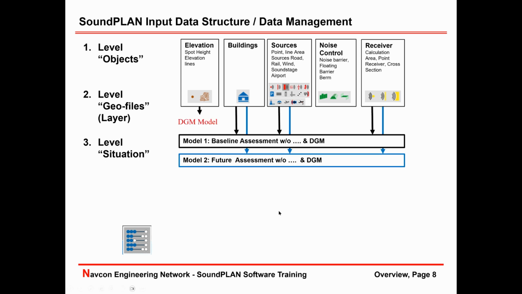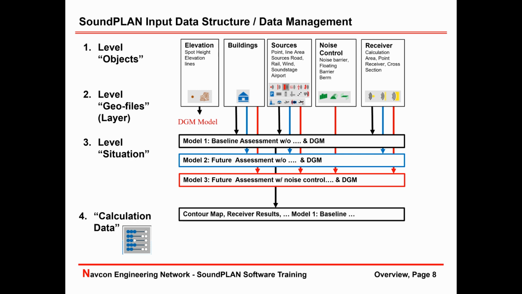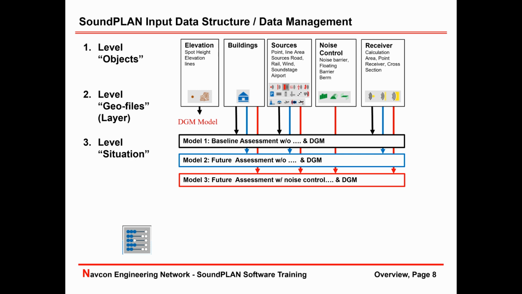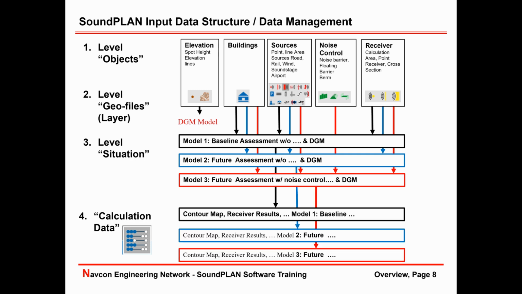Here we have another flowchart to emphasize the concept of the data structure and data management in SoundPLAN. So we have 3 levels of organization. We have the objects here at the very top, objects that define the elevation, the buildings, all the sources, the noise control objects, and the receptors. From the elevation, that's the spot heights and elevation lines, we can generate a digital ground model. So that DGM stands for digital ground model.